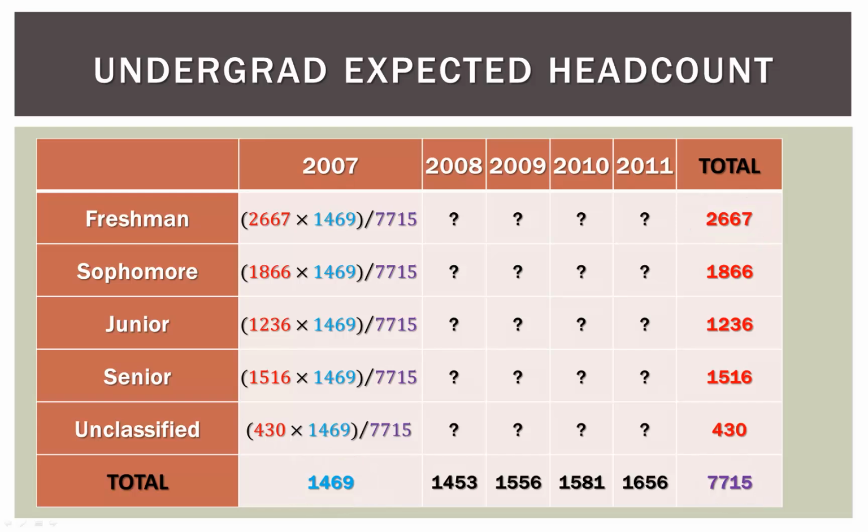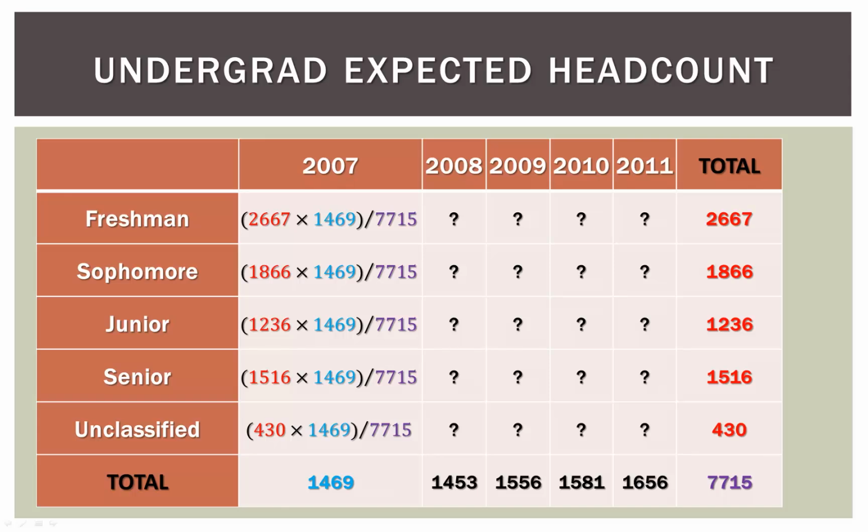So if we look at freshmen in 2007, our row total is 2,667. We're going to multiply that by the column total, which was 1,469. So we multiply those together, and then we divide by our grand total, which was 7,715 students.